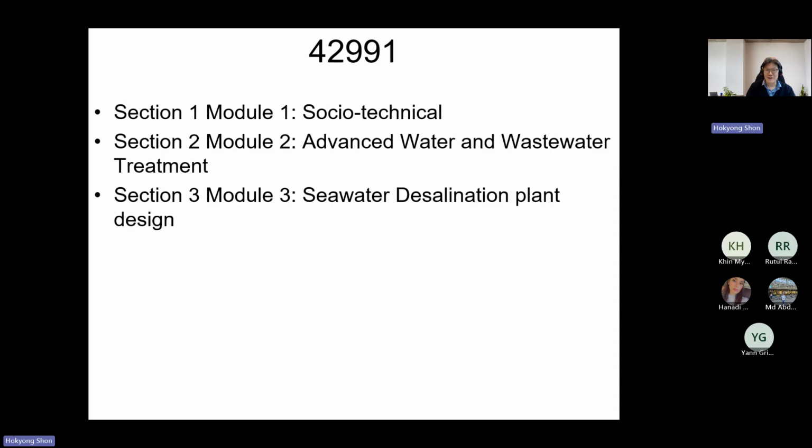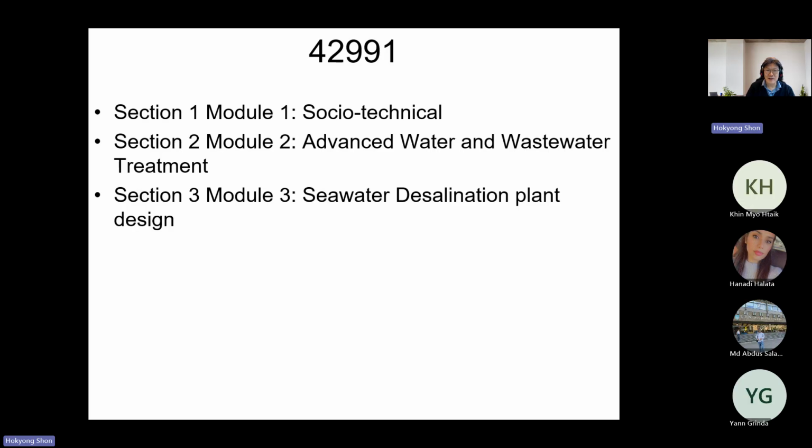We calculate the different membrane bioreactor design and conventional wastewater treatment design. So how much space we can save, what kind of energy is required, and then the overall cost impact. So that's the assignment 2 you have experienced.